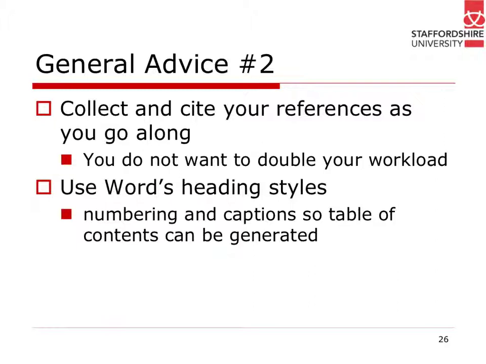You're doing the job twice, because you've had to write it, and then you think, right, I'm going to put all the references in in one go. You've written the whole thing, you've forgotten which reference that came from and where it was published, and it just takes so much longer. Just do it the first time. If that's all you can do, please do that.